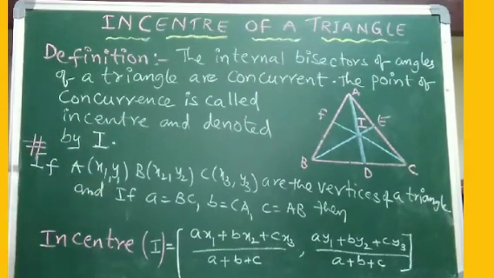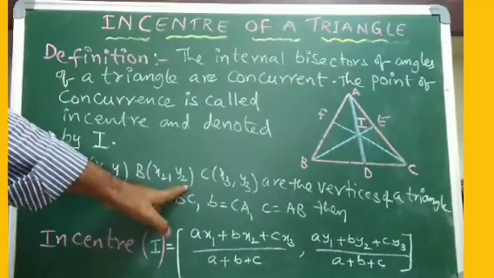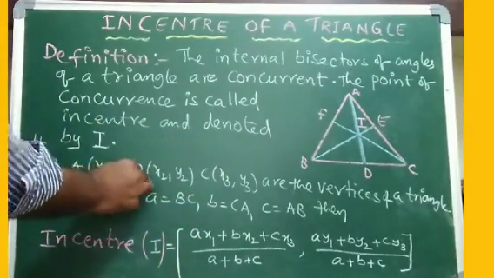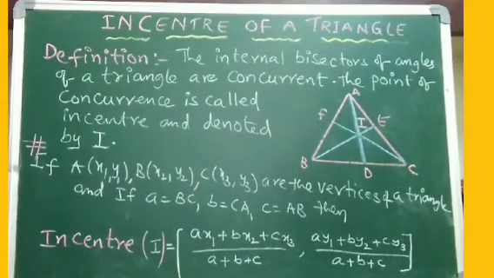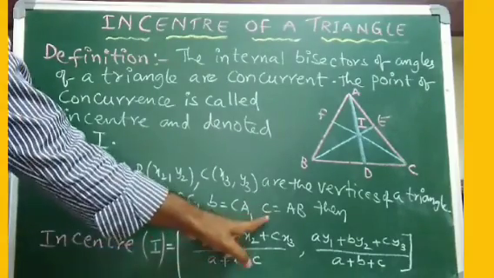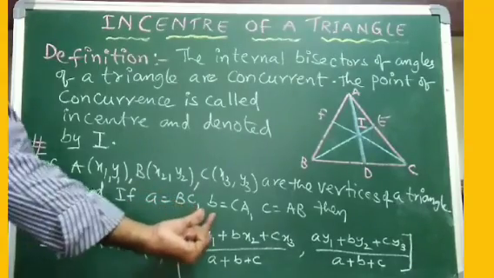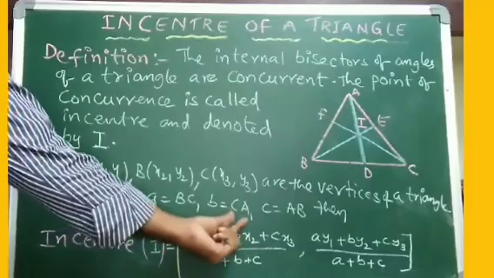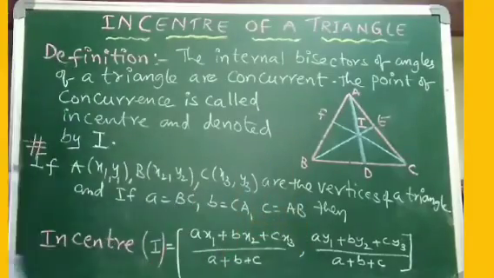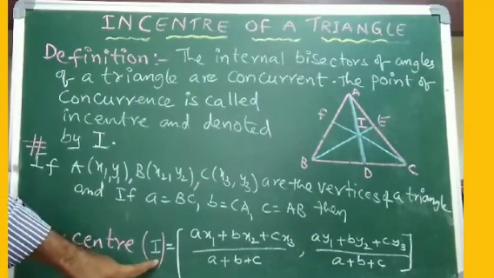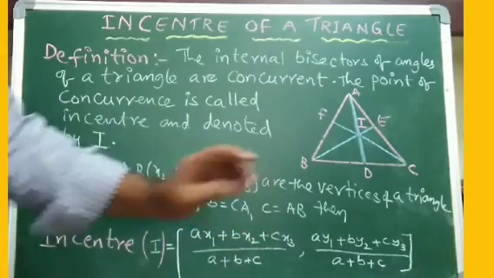If capital A (x1, y1), capital B (x2, y2), and capital C (x3, y3) are the vertices of a triangle, and small a, small b, small c are the sides of the triangle, we discussed already that small a is side BC, small b is side CA, and small c is the length of side AB. Then the incenter, which is denoted by I, can be calculated by using this formula.